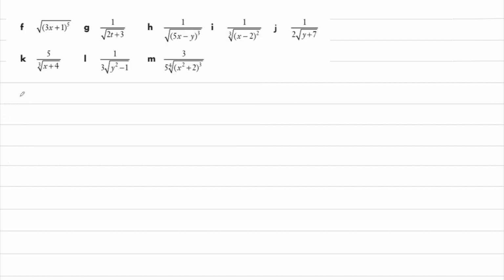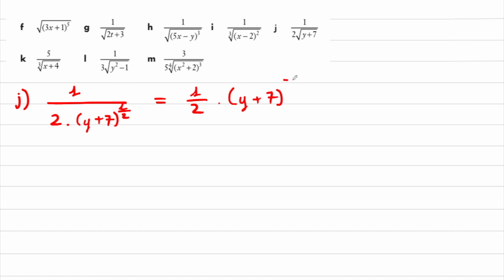So here you will get 1 over 2, and the expression inside the root, you will get y over y plus 7. Take 1 over 2 outside, as the power number. So change position, y plus 7 will be negative 1 over 2 here.